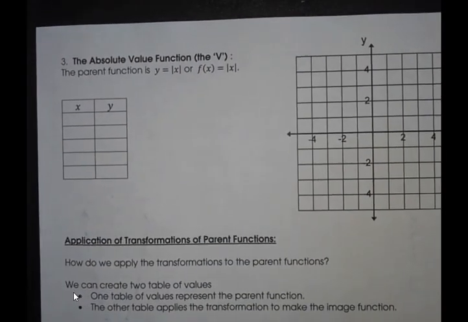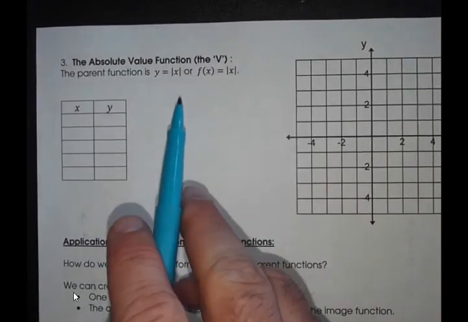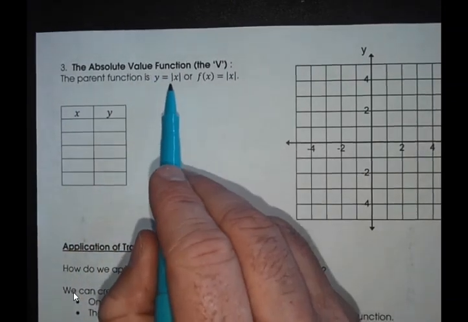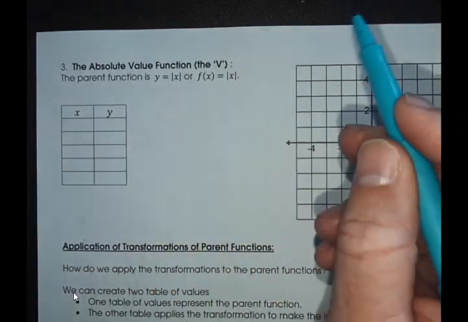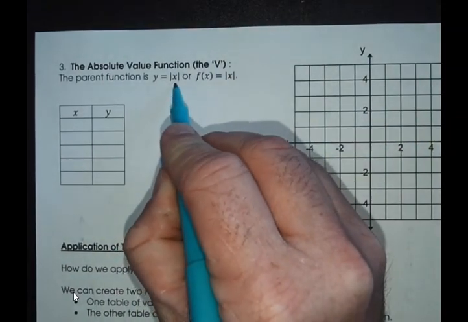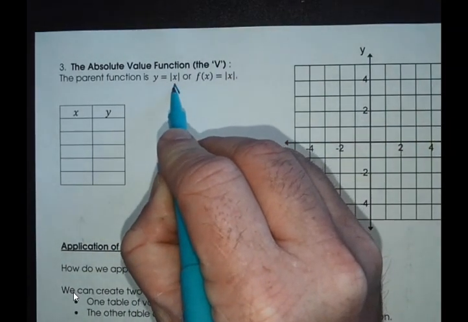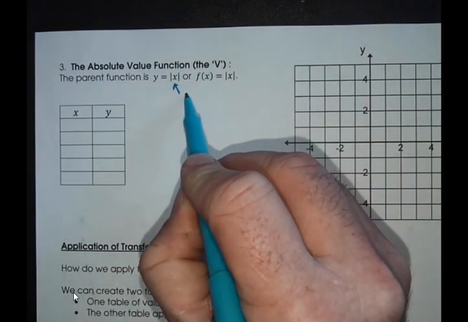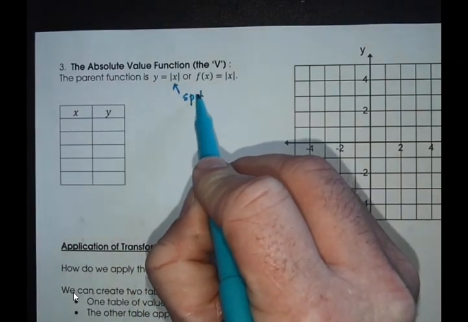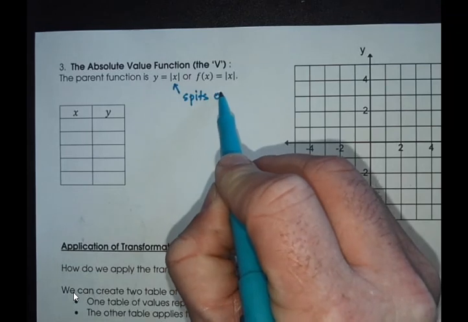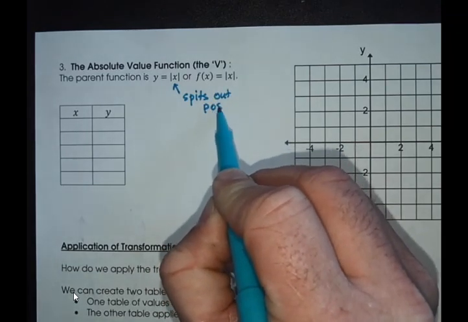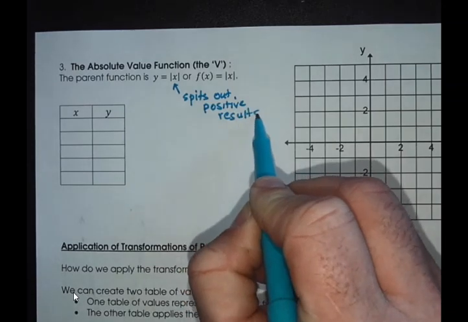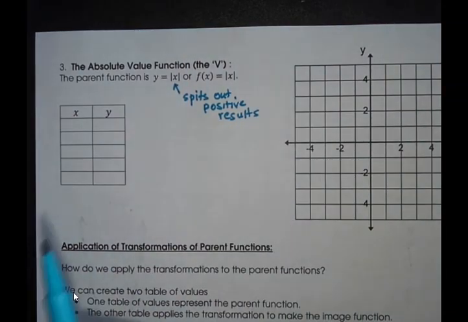The next one we're going to talk about is the absolute value function. And this absolute value function looks like this. The idea of this is it takes any value of x that we put in there and it spits out the positive result. And you're asking me, well, why is there a V?